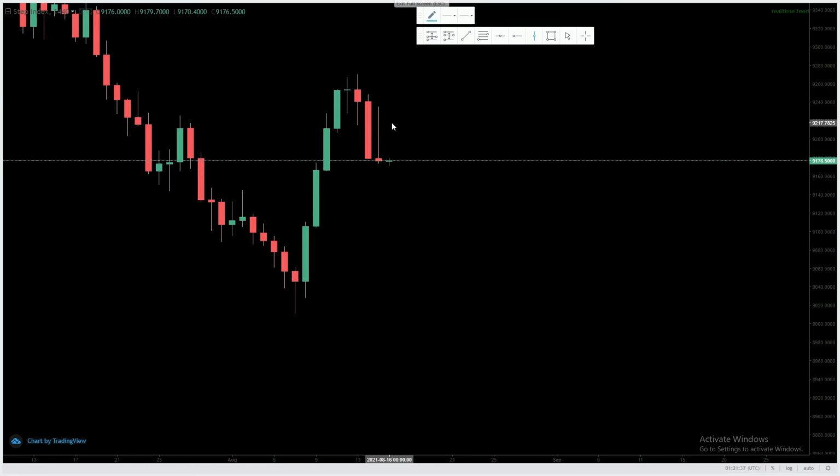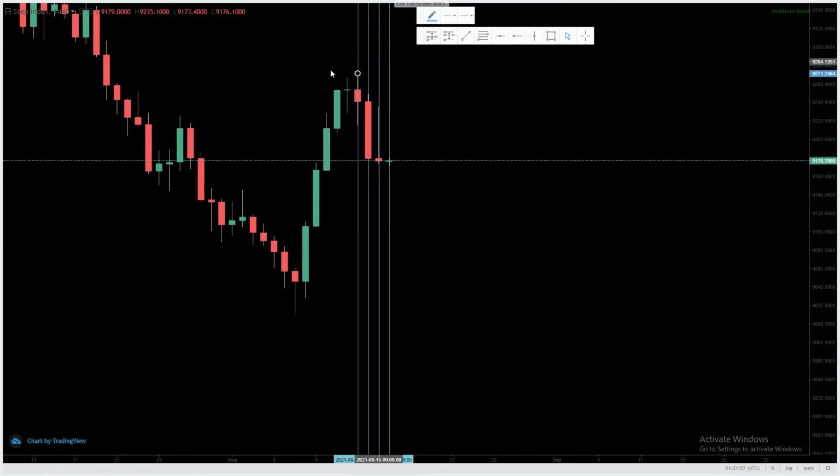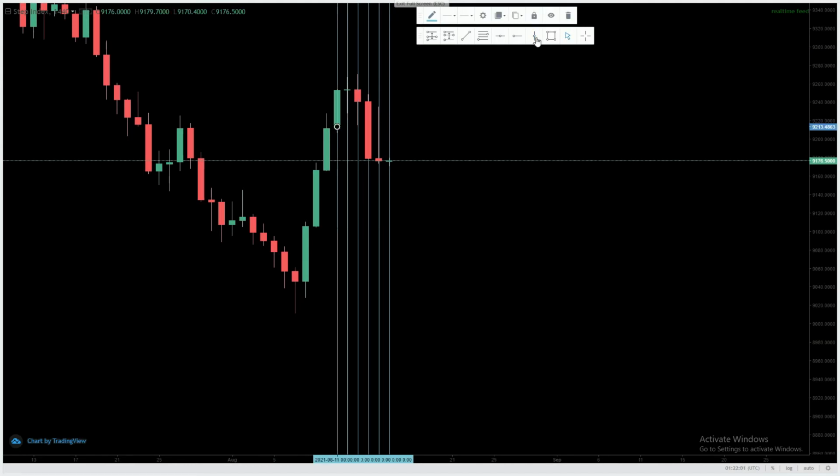So for you to be able to see specifically what I'm saying, let us highlight these candles here because we are on a 24-hour time frame. So this is what I'm going to do. I'm going to highlight a few, starting from this, which is the current day, what's happening now, and like this.